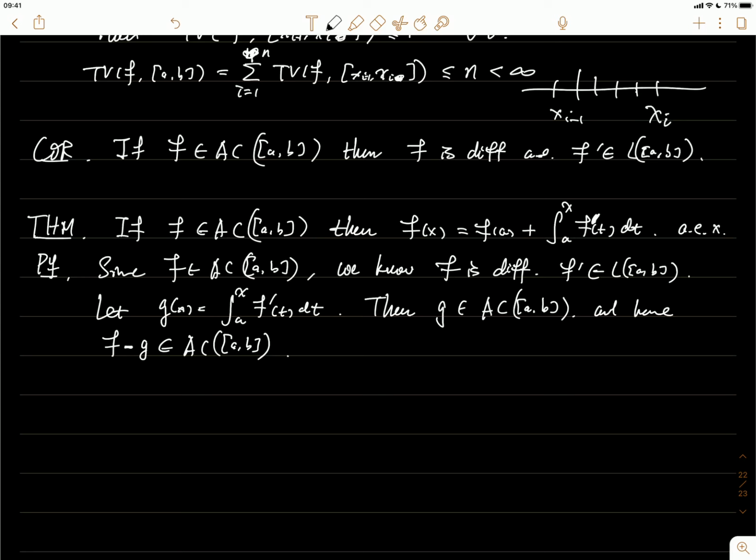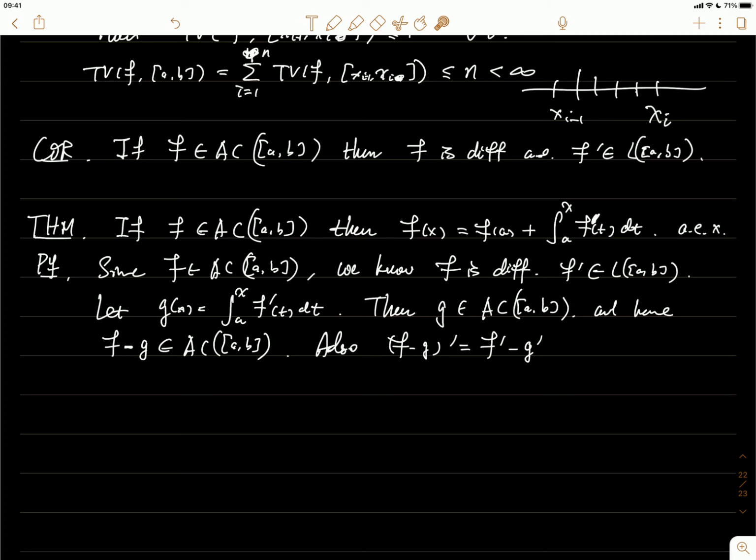And also, let's check the derivative. We know that f minus g prime is equal to f prime minus g prime, where f prime is the derivative of f, as we know.